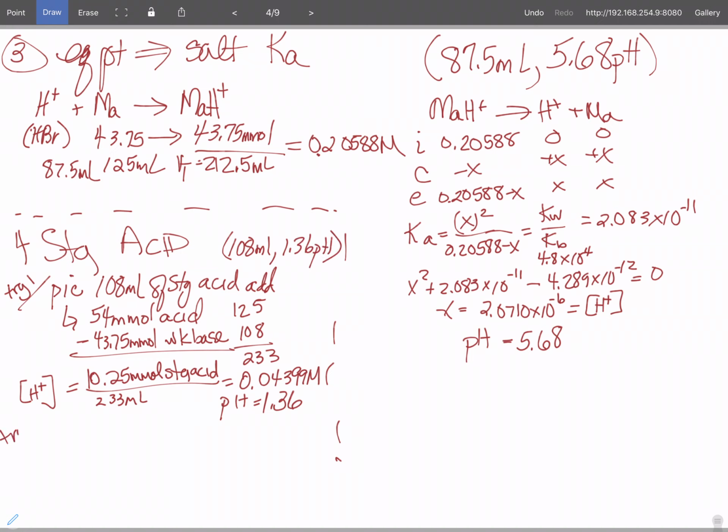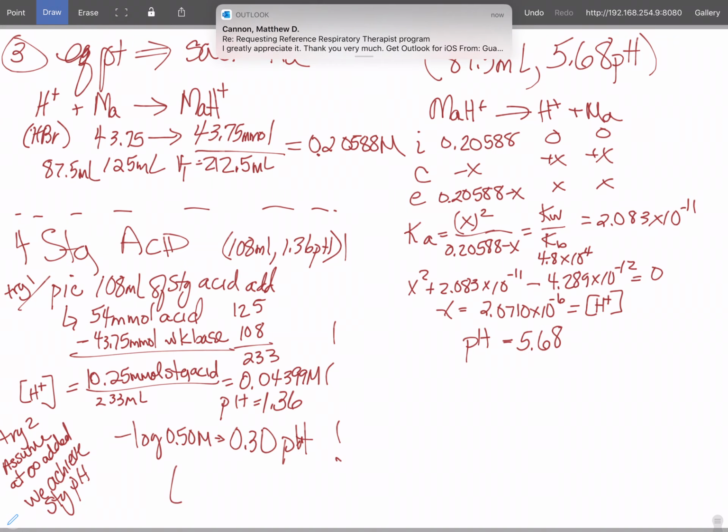Or, try 2, we assume at infinity added, we achieve the strong acid pH. So we would take the negative log of our 0.50 molar, which is equal to 0.30 as my pH.